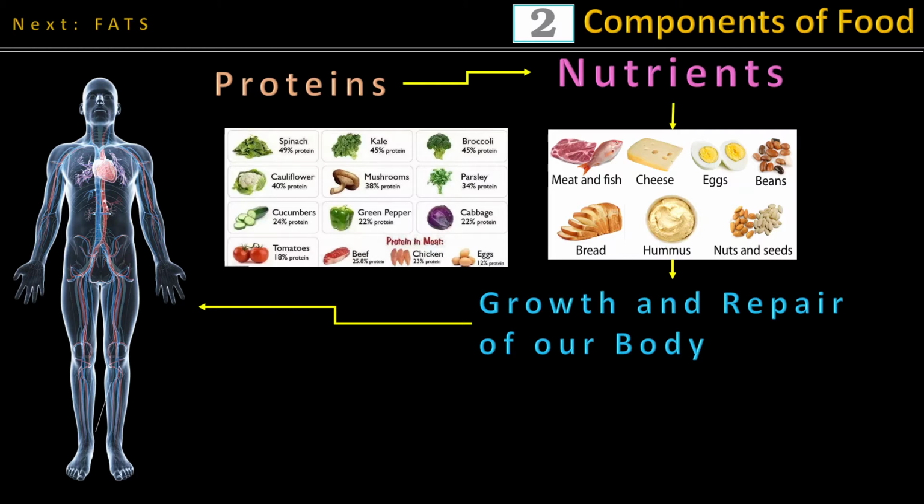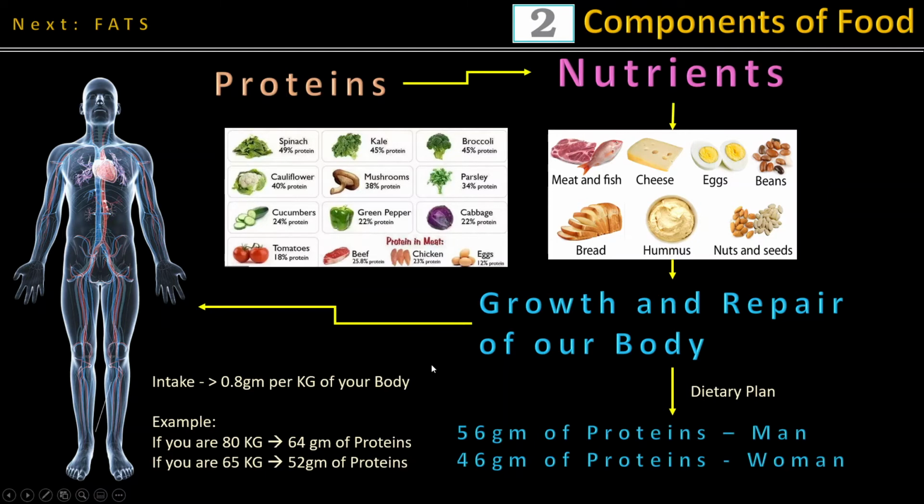That's why we need to understand how much protein is required per day. That's where we need to see a diet plan, where we will understand how much protein is required.